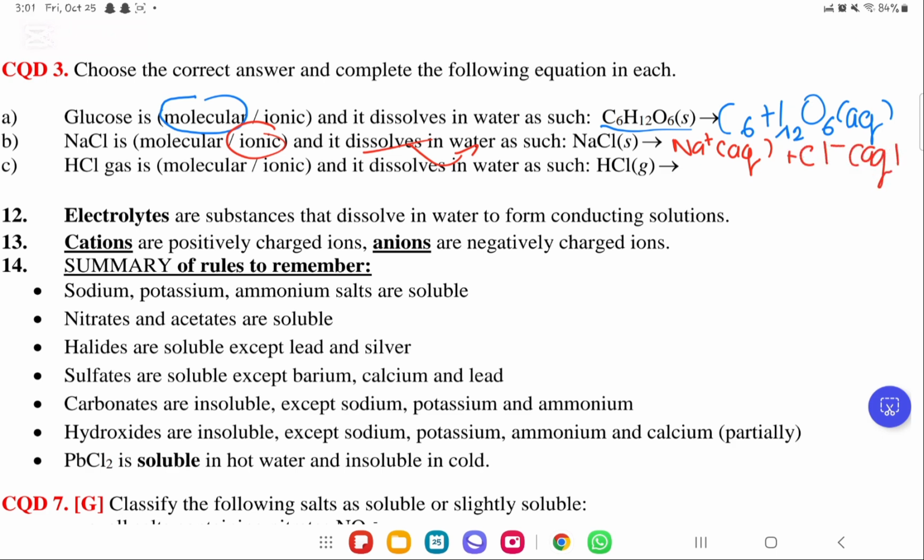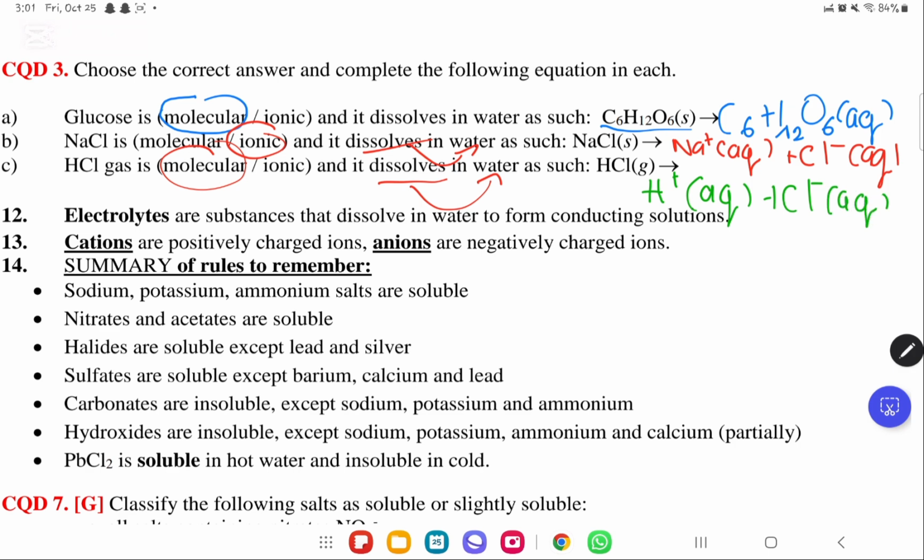So now HCl gas is a molecular compound, but even though it is a molecular compound, since it dissolves in water, it is a very rare exception. You have to remember that HCl, when it dissolves in water, gives us H plus, aqueous, plus Cl minus, aqueous.